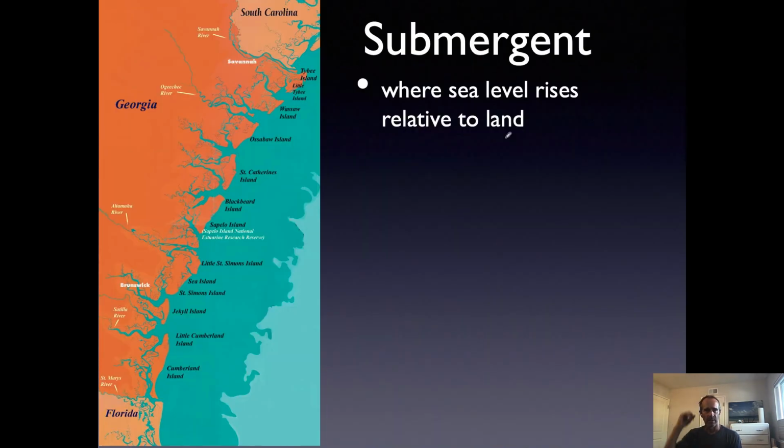Going back towards the east coast of the U.S., where we have a submergent coast, this is again where sea level is rising relative to the land. So this is the coast of Georgia, and you see it looks very different than California. It's just full of these inlets. So these are old river stream valleys that are being inundated as sea level rises.